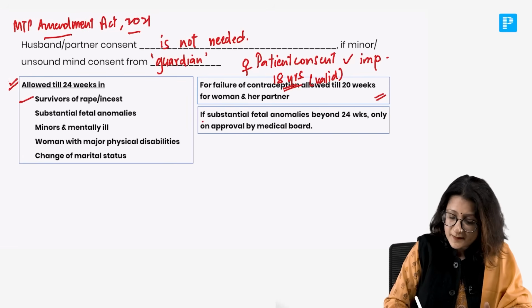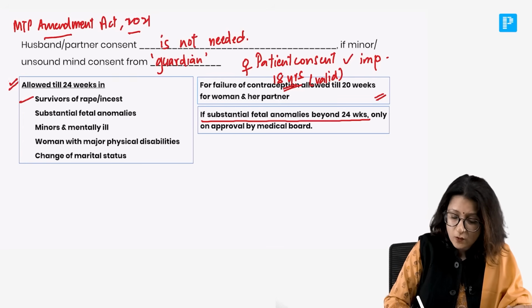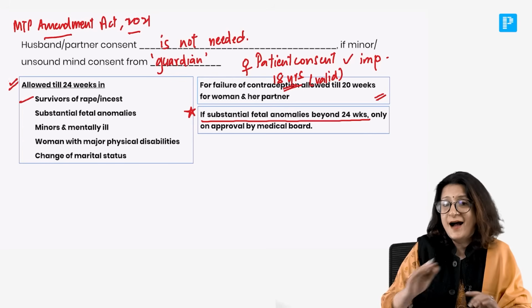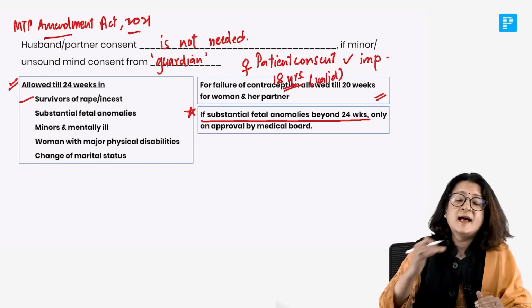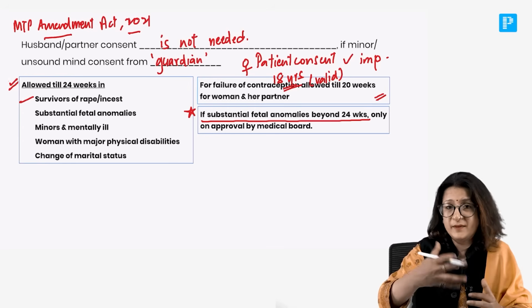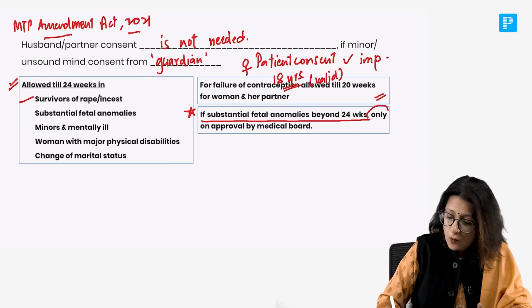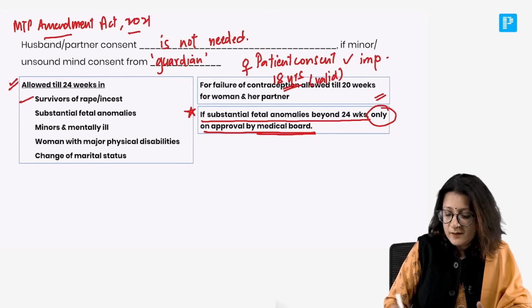Also remember, if substantial fetal anomalies are there and the patient happens to be beyond 24 weeks, this is the only situation where we can cross the upper limit. The upper limit can be disregarded, but only on approval by a medical board.